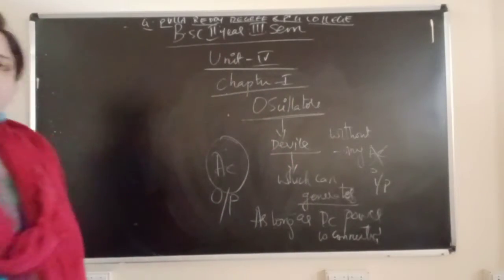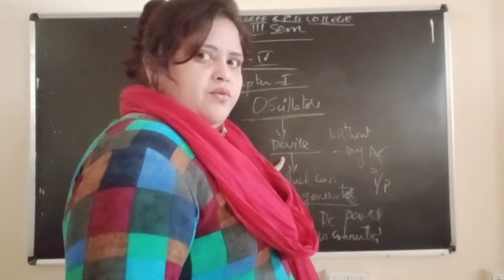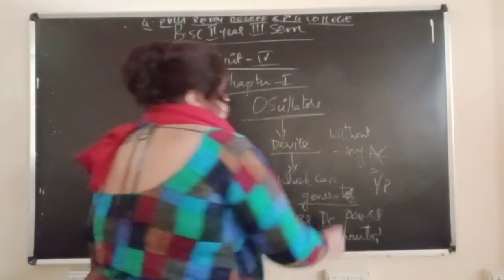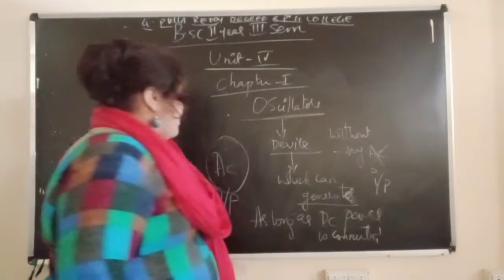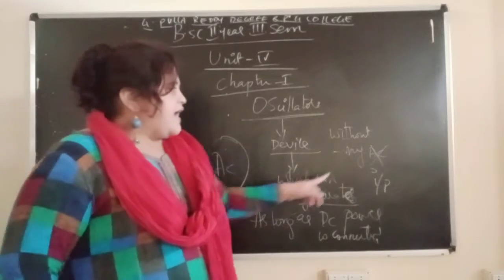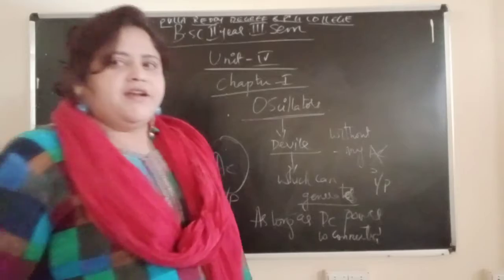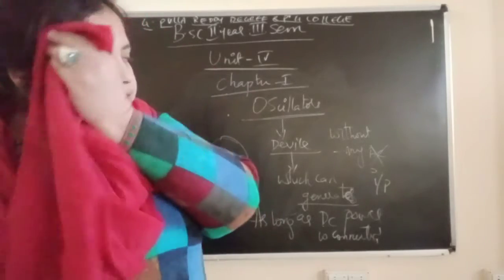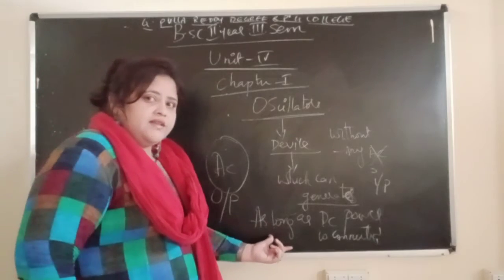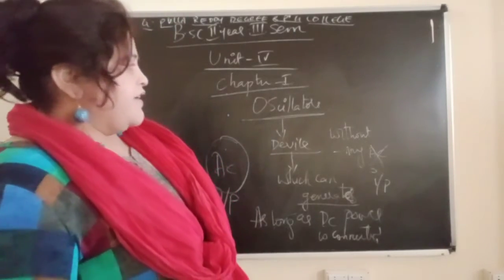So what is an oscillator? It is a device which can generate the output in the form of AC without any AC input. How can it generate? As long as the DC power supply is connected to it.